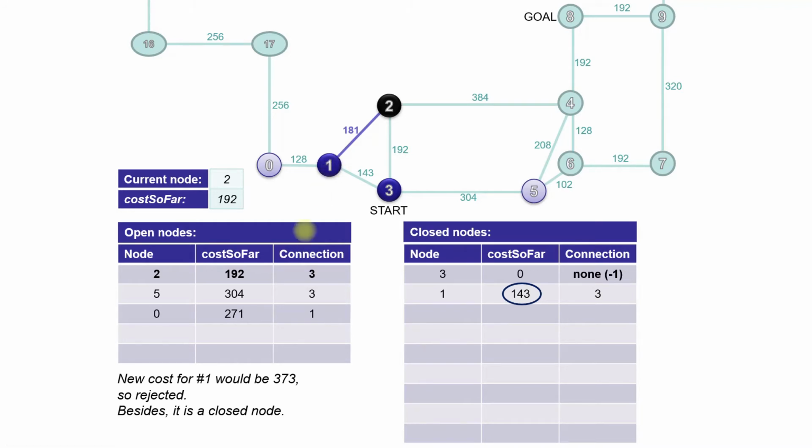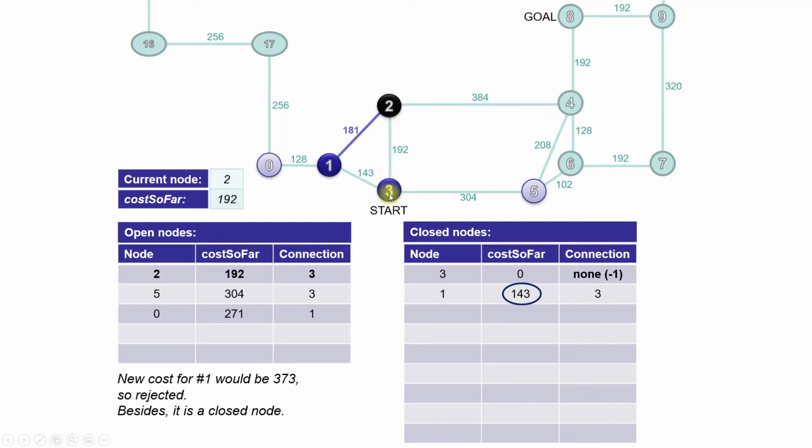And it's much more than the currently registered cost so far, 143. Besides, node number 1 is a closed node, and we know by now that the Dijkstra algorithm never updates closed nodes. So we reject this new cost, we don't update the node.